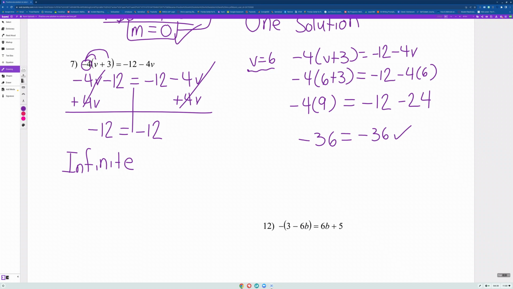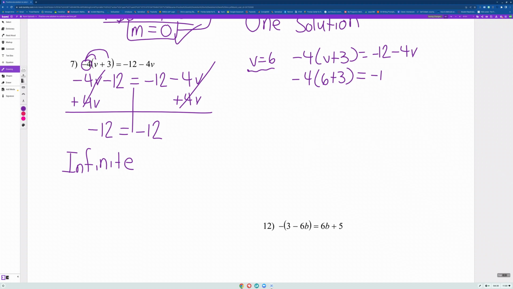All right, let's go ahead and try another number. So this time I don't want v to equal 6. Let's say v could equal -8. Okay, if this does have an infinite amount of solutions, then -8 should work too.